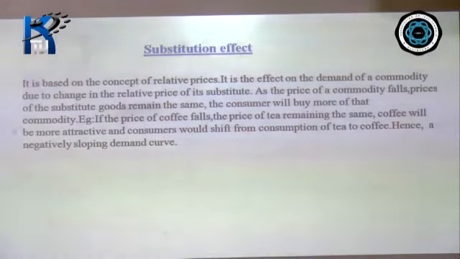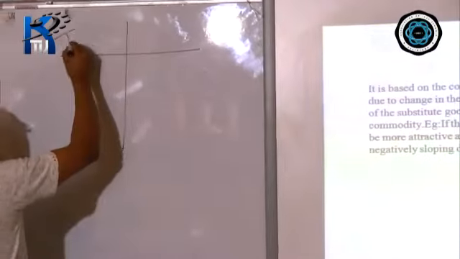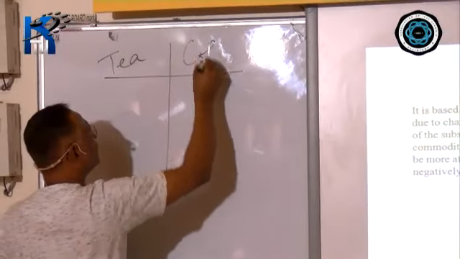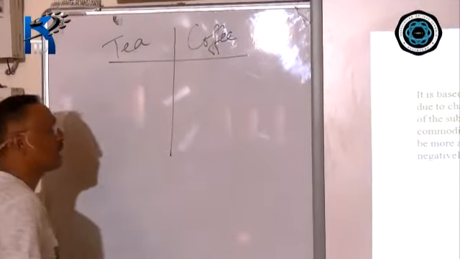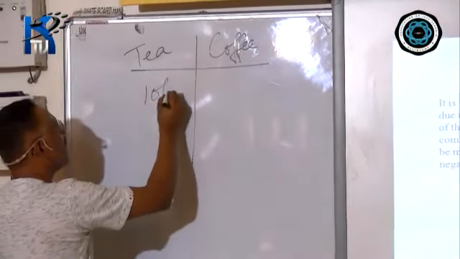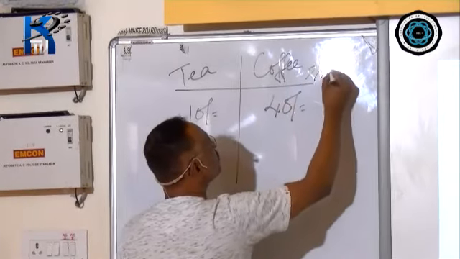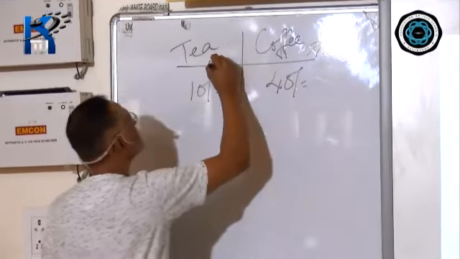Let us take an example of what happens when we take tea and coffee. So we have two substitute goods, tea and coffee. If the price of tea is 10 rupees and coffee is 40 rupees, this is the substitute, and this is our commodity.